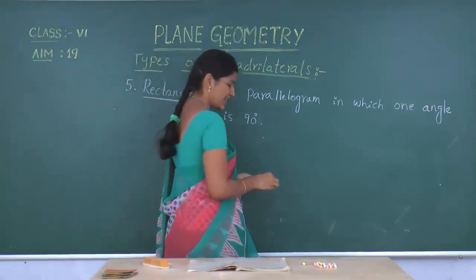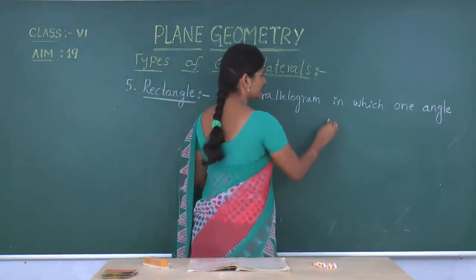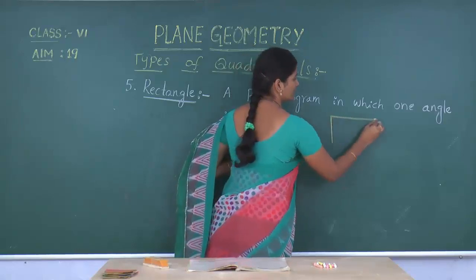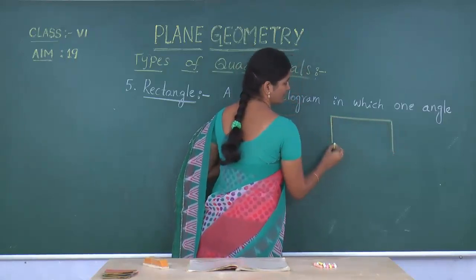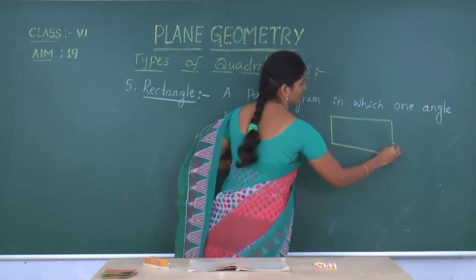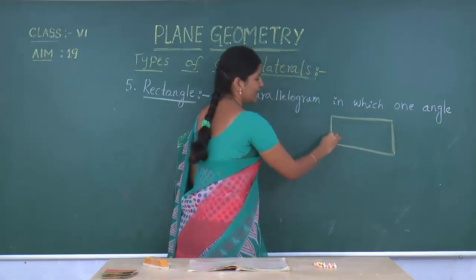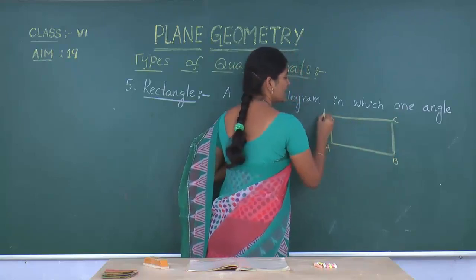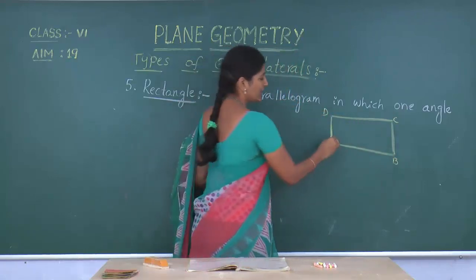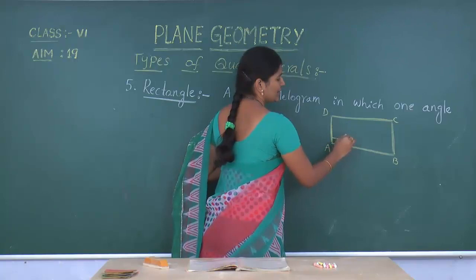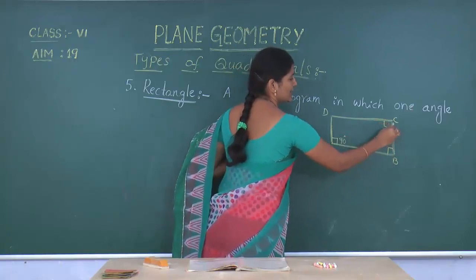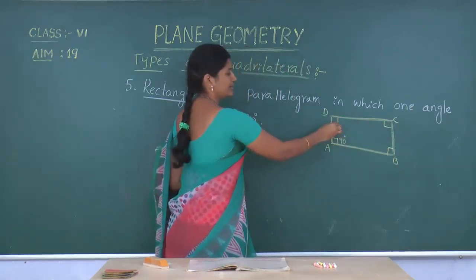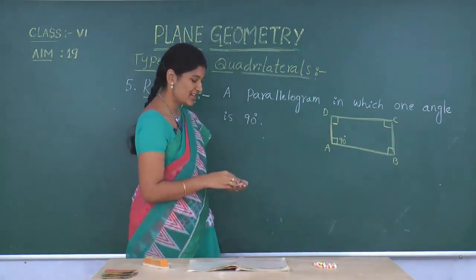Let me draw the rectangle. This is the rectangle ABCD. Here each angle is 90 degrees only. In a rectangle, each angle is 90 degrees.